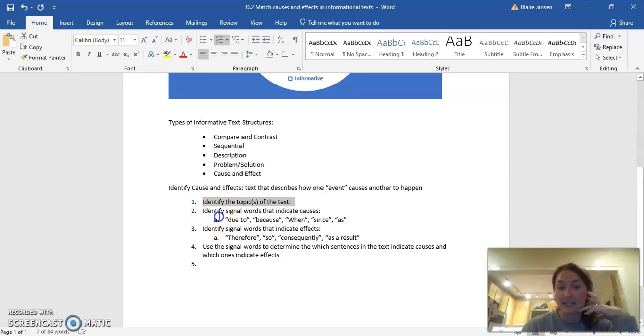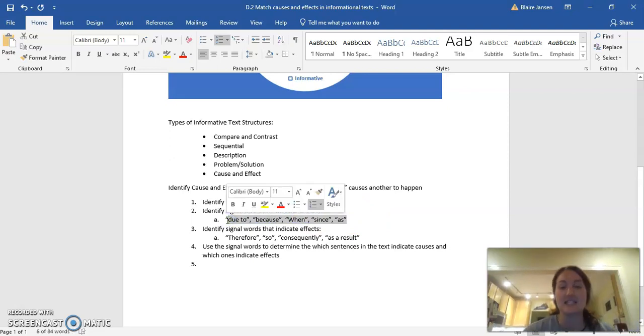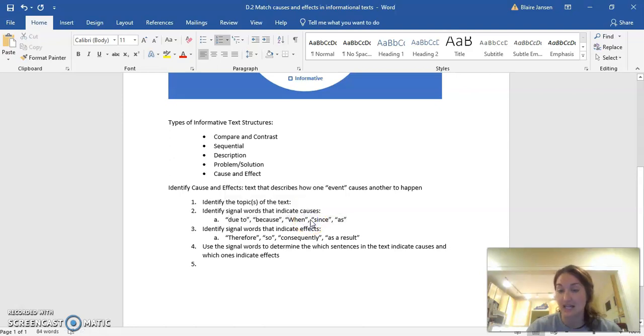And then looking at any signal words that show us a cause is coming. Now, big signal words you see in the text like these tend to indicate causes. Due to, because, when, since, as. All of these words indicate that the author is about to tell you a cause.